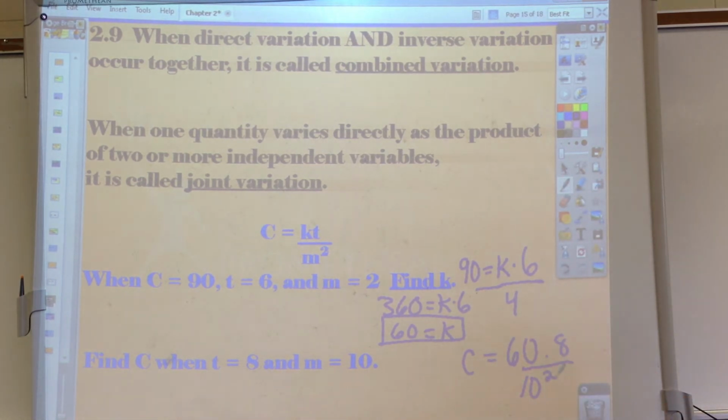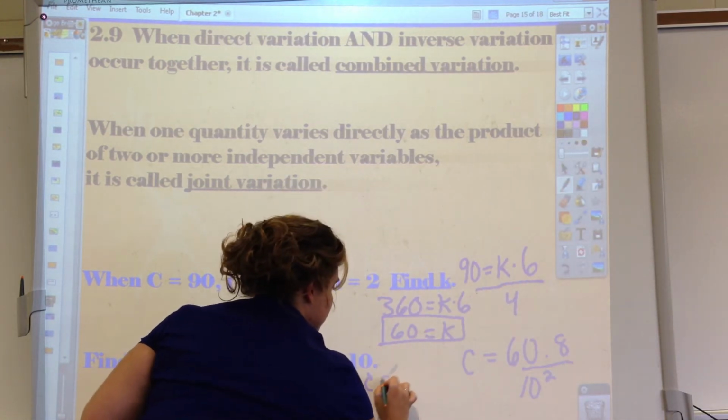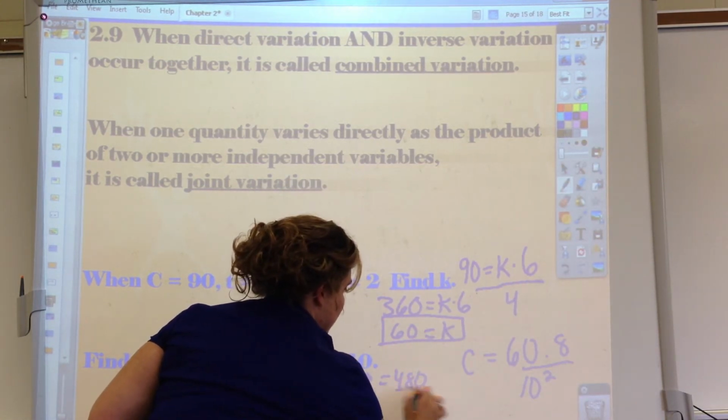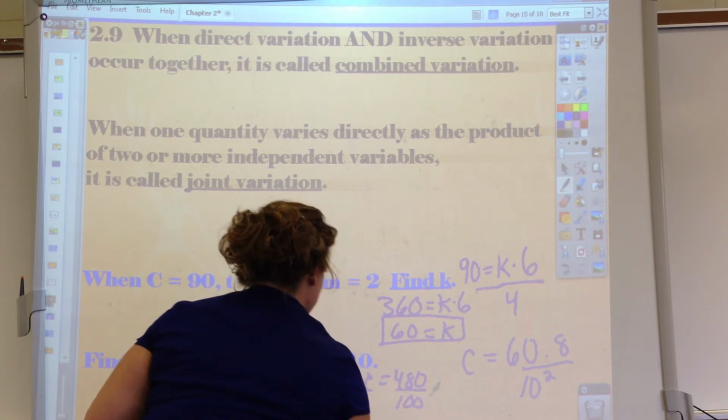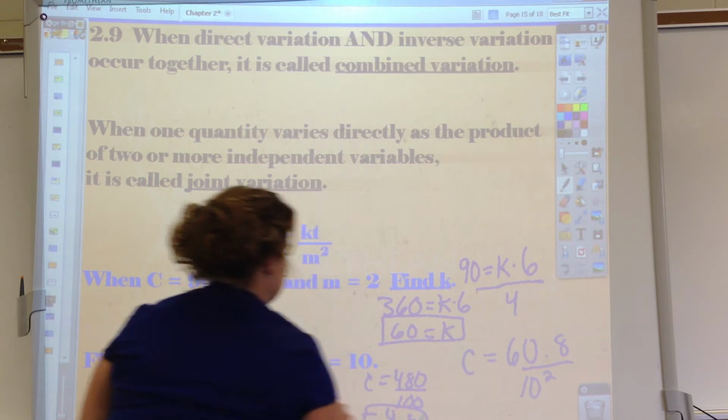Go ahead and simplify, and in your numerator, you should get 480, and in your denominator, you should get 100. So if I divide 480 by 100, hopefully we all get the same answer of 4.8.